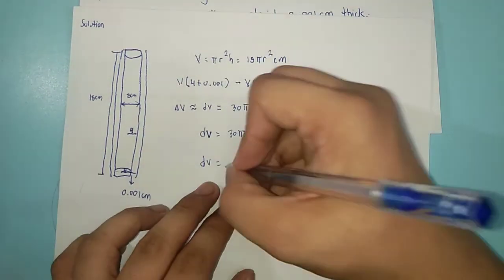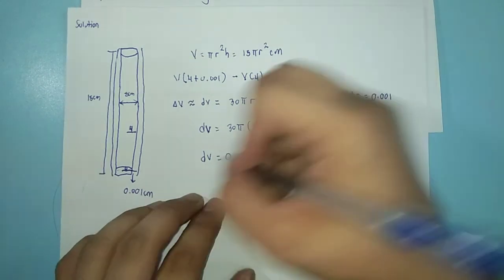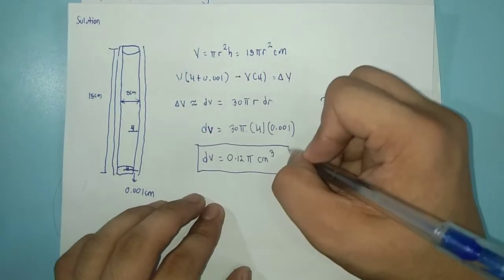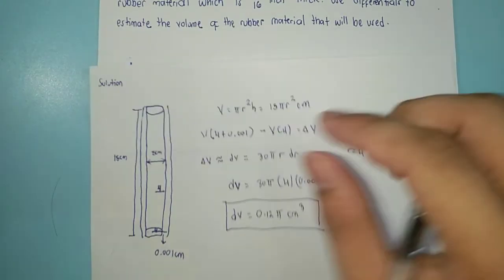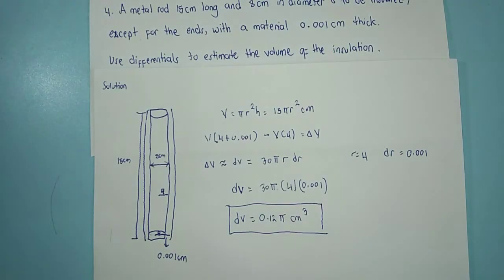So 0.12 pi cubic centimeters. So yan yung estimation ng volume ng material na pinangtakip o pinang-cover natin dito sa metal rod.